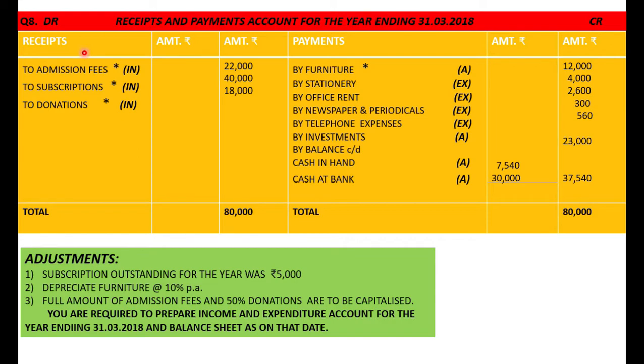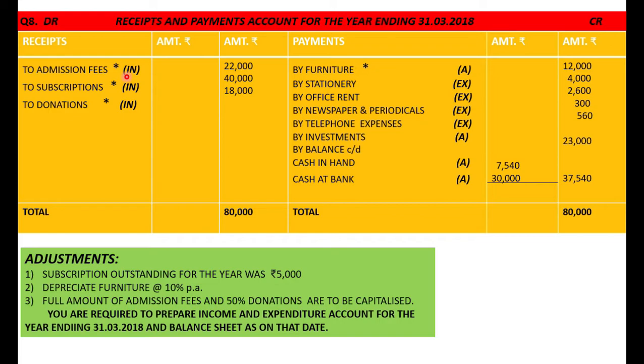Receipt side ledger balance will either be posted on the income side of income and expenditure account, that is the credit side, or in the balance sheet liability side.